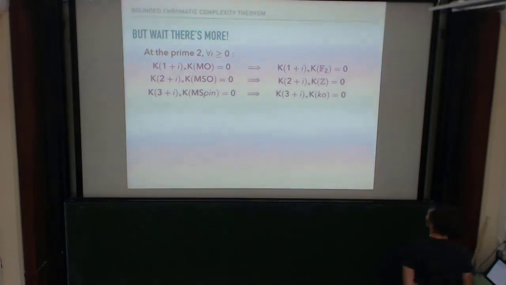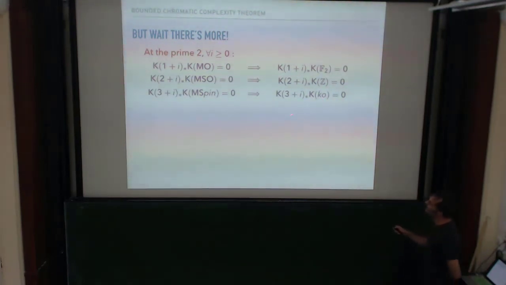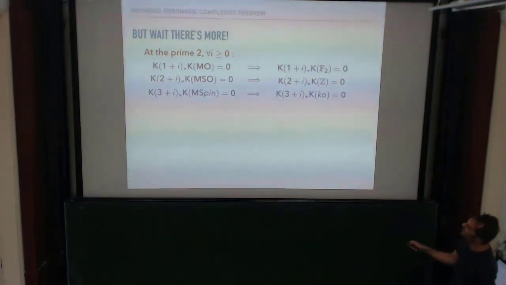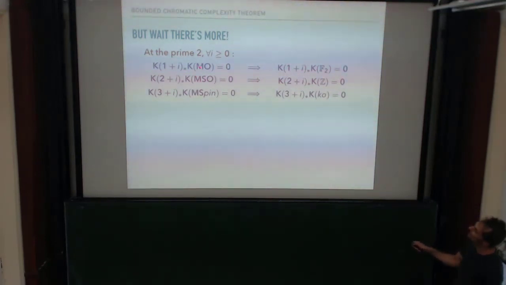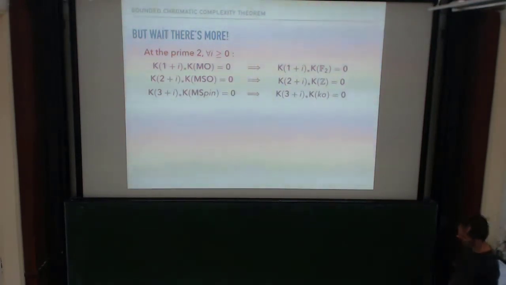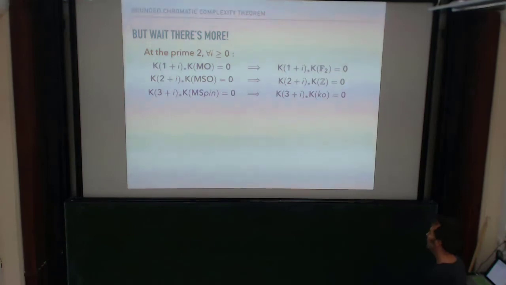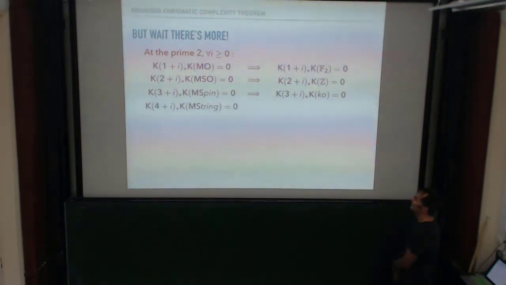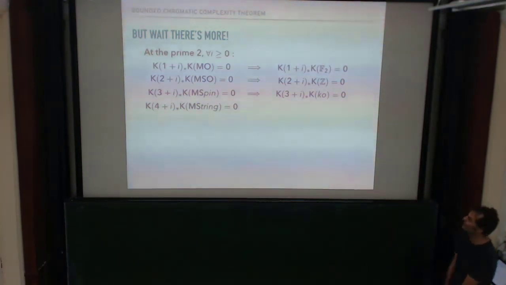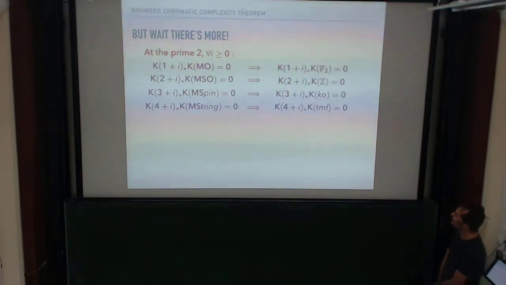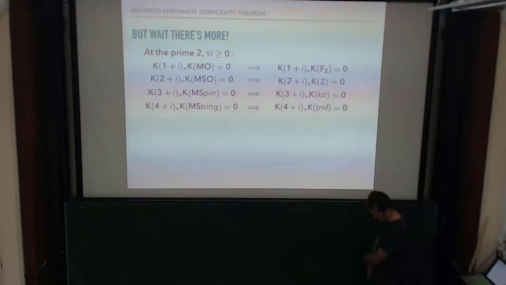This tells me these K groups vanish for KO. These implications are there because there's actually a map of rings going from this one to this one, sort of an orientation. MString, so string manifolds: you have K(4+i)_* is 0. So K(4+i)_* of K of TMF is 0.